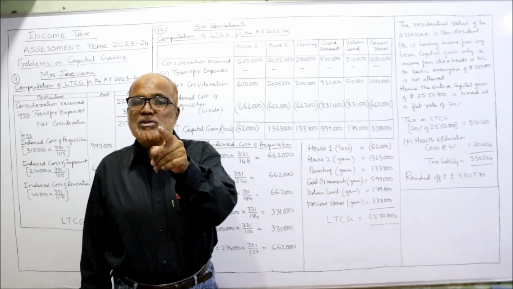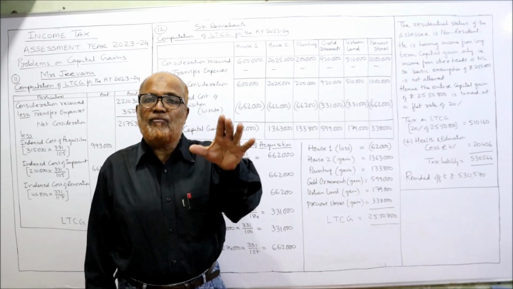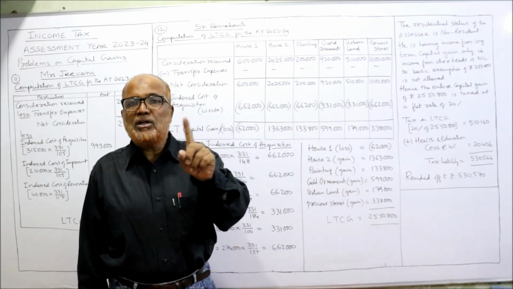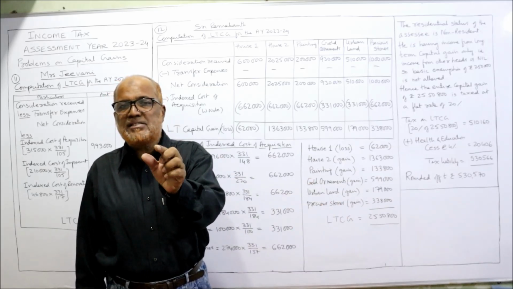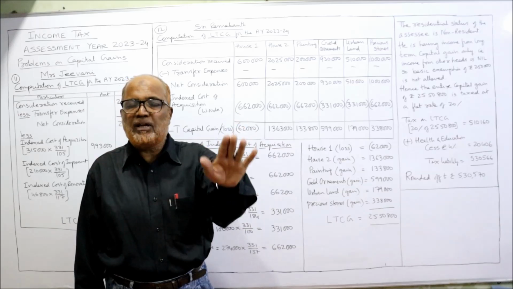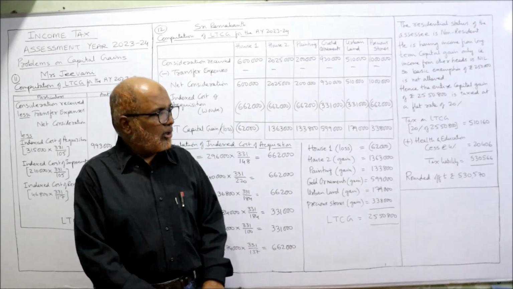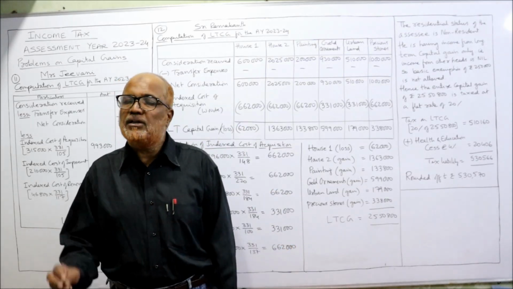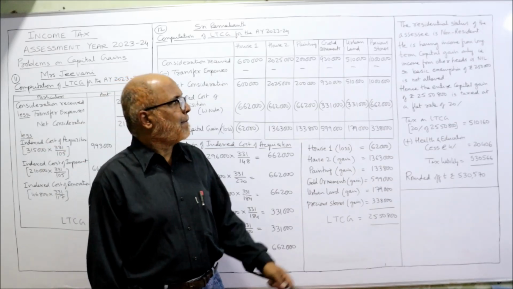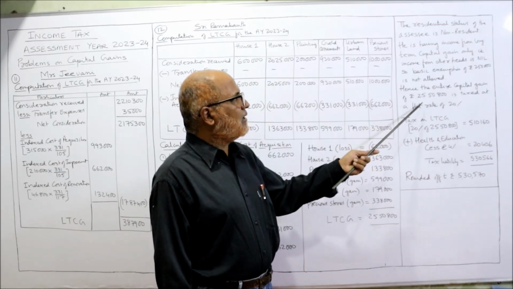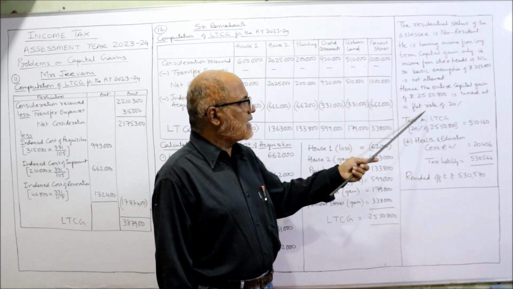But that 2,50,000 will be deducted only from income from other heads, not from LTCG. So this basic exemption benefit will not be given. The complete long-term capital gain of 25,50,800 is fully taxable at a flat rate of 20%.